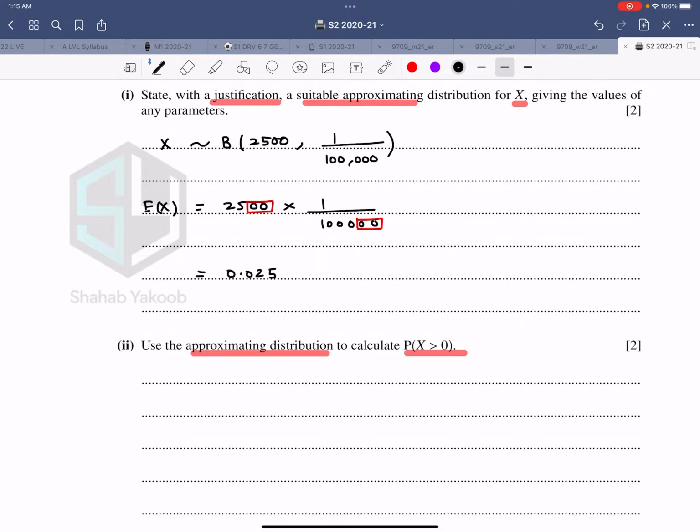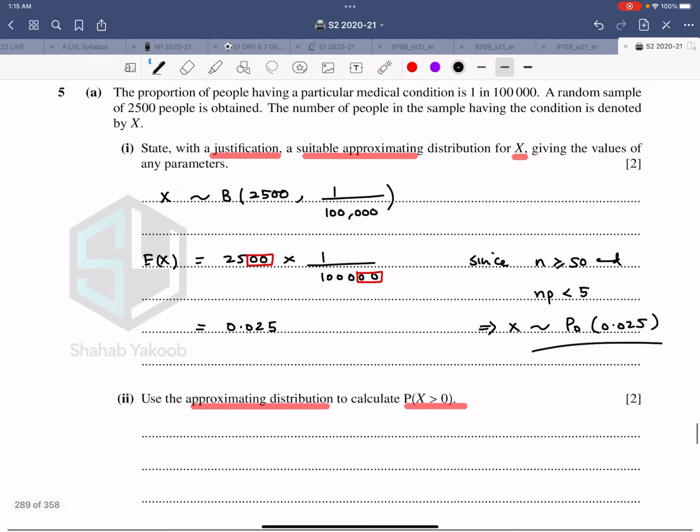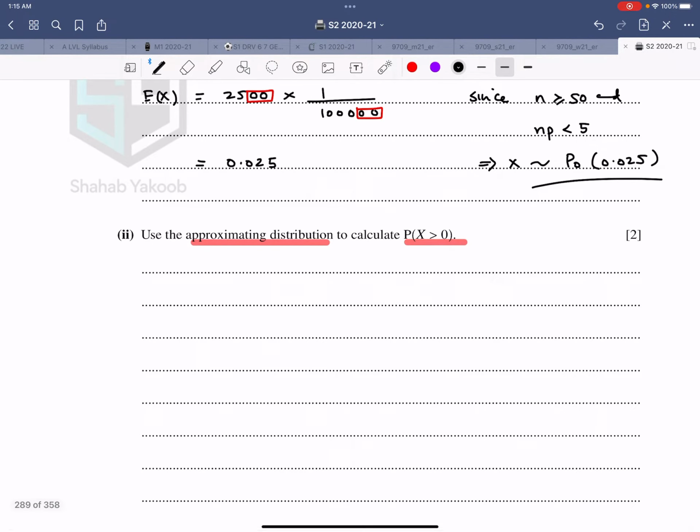What is the justification? Since n is greater than or equal to 50 and np is less than 5, therefore X follows a Poisson distribution with 0.025. So that is how you convert it. And now you have to calculate probability X is greater than 0. So this is 0 and this is 1 and this is 2 and this is going till infinity.